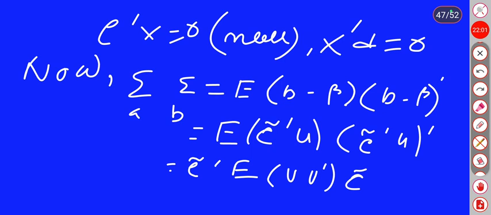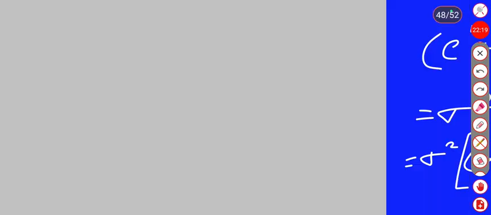Now the variance is the expected value of (b minus beta)(b minus beta) prime, which is equal to the expected value of c tilde prime u (c tilde prime u) prime, that is c tilde prime expected value of u u prime c tilde.